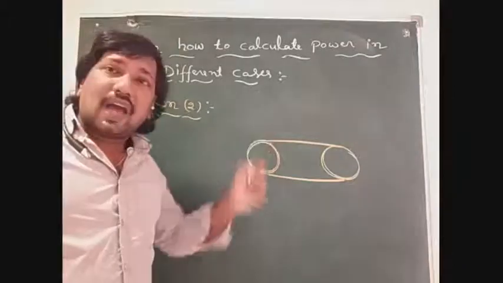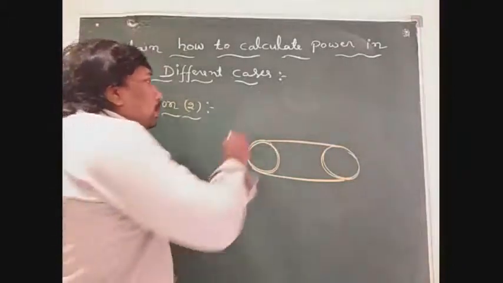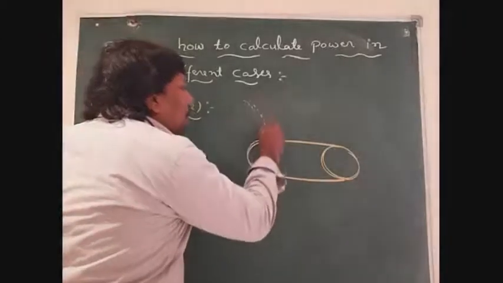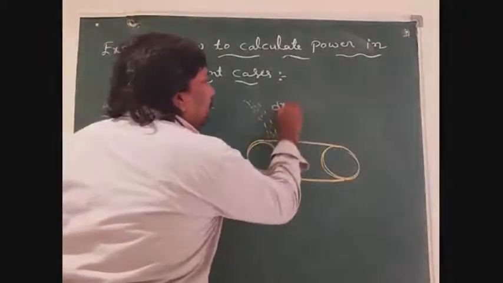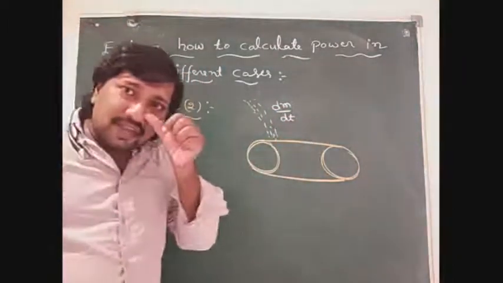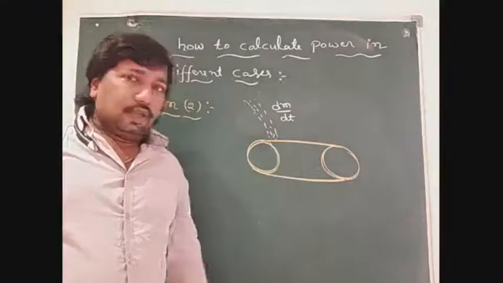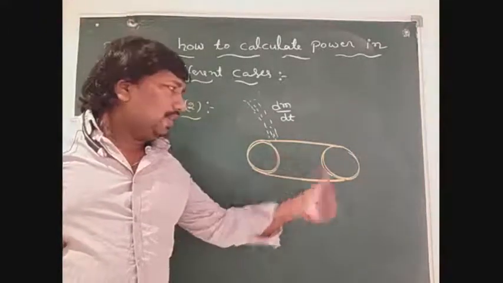Some amount of gravel is dropped onto the conveyor belt at the rate of dm by dt. Then the gravel is delivered the velocity v.